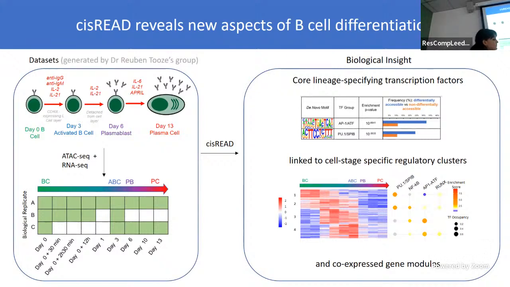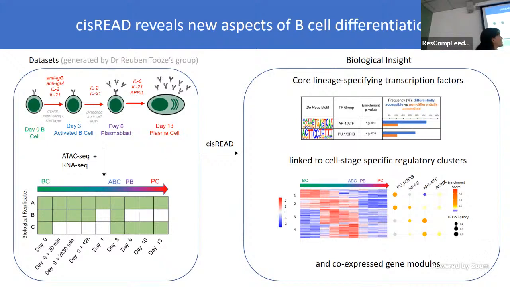And through creating these models, we've identified this set of transcription factors which are important to the lineage, shown to you there. And we've done various other things. So we've linked them to clusters of cell-stage specific regulatory elements, as well as gene co-expression networks. And through doing this, we're able to see which transcriptional regulators are active at what stage.